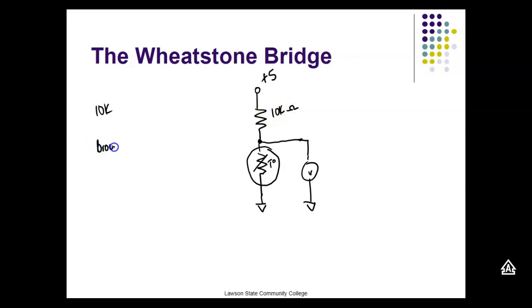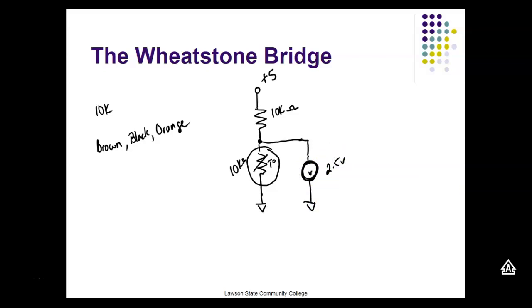Brown, black, orange. Now, let's say this guy right here had 10K. Then what would my meter measure? 2.5 volts, which would represent a certain temperature, right?